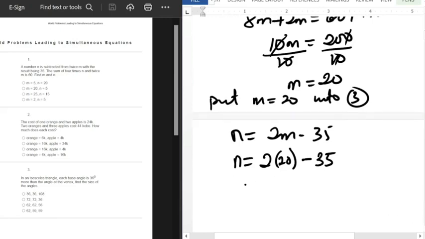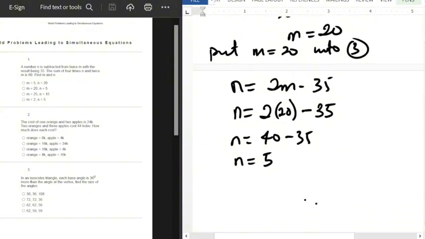So that gives us 40 minus 35. So therefore n equals 5. So we can therefore say that m is equal to 20, then n is equal to 5. And that is option B. Option B.